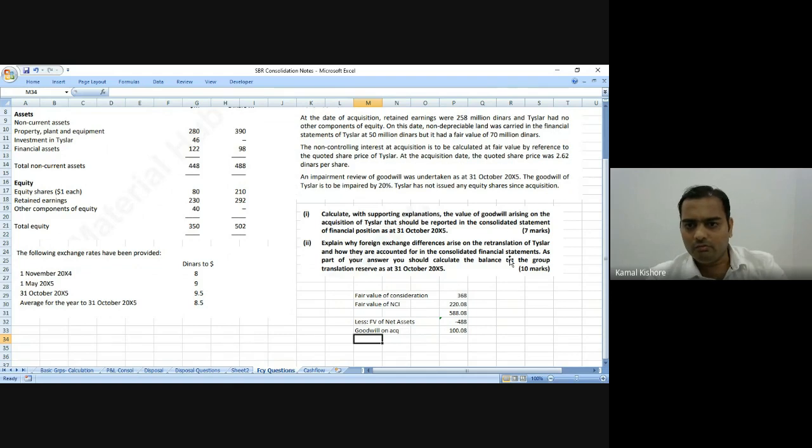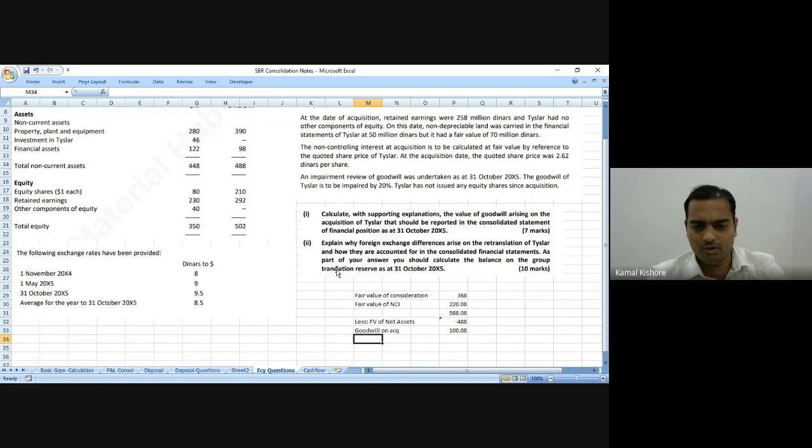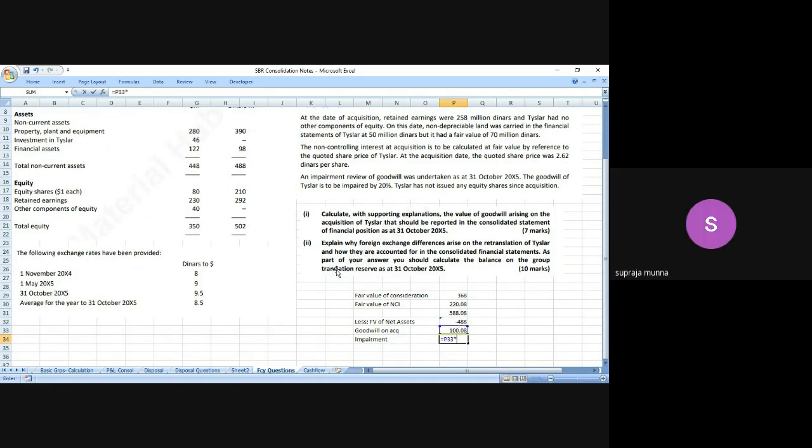Impairment, when was this done? On 31st, on the closing. Okay, but this has to be converted at average rate only. Average rate. So this into 20%. Okay.